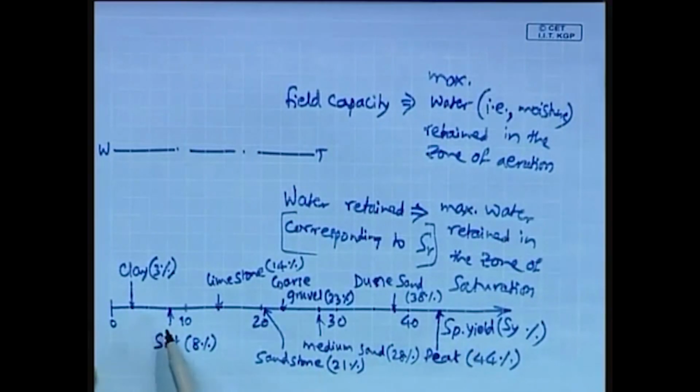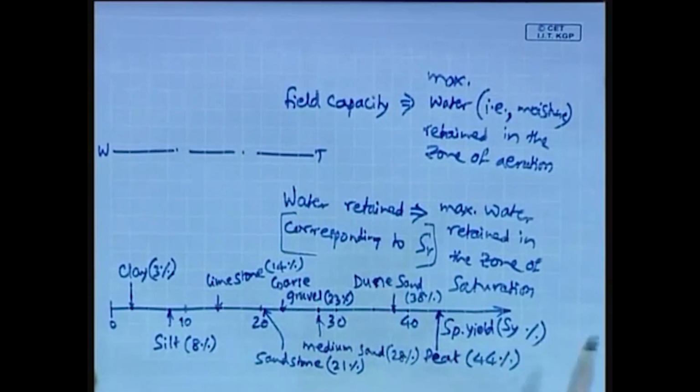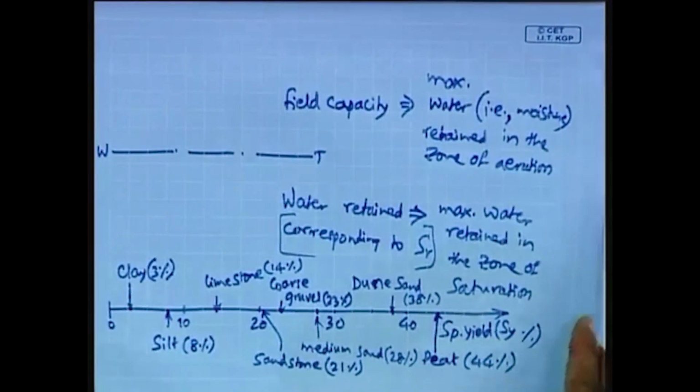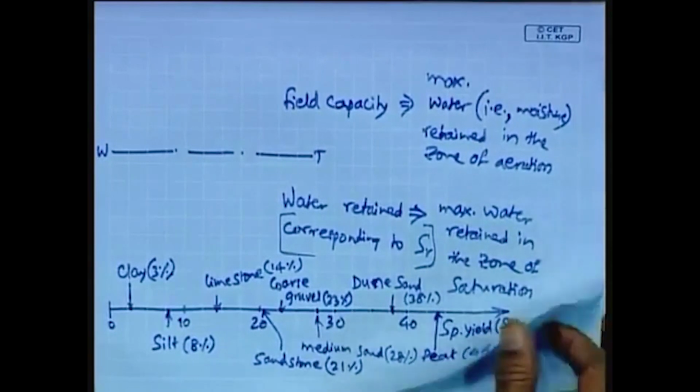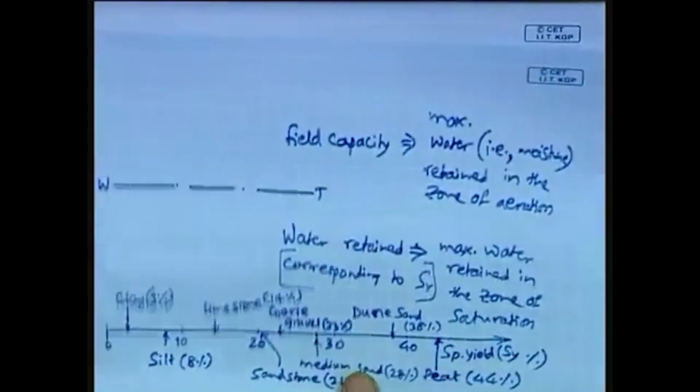So, in between we have this silt, limestone, then sandstone, coarse gravel, medium sand, dune sand, okay, and of course, few more. So, this is the variation of specific yield in different soil or rock formations.